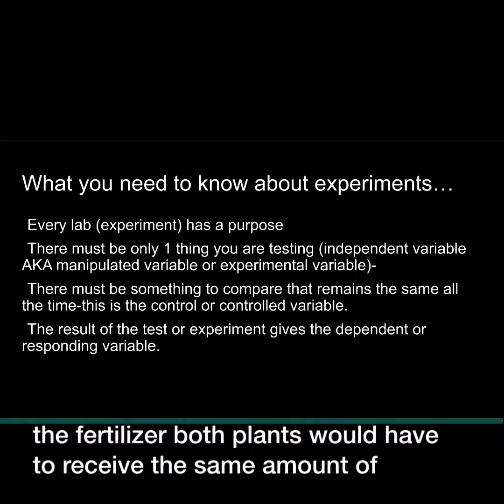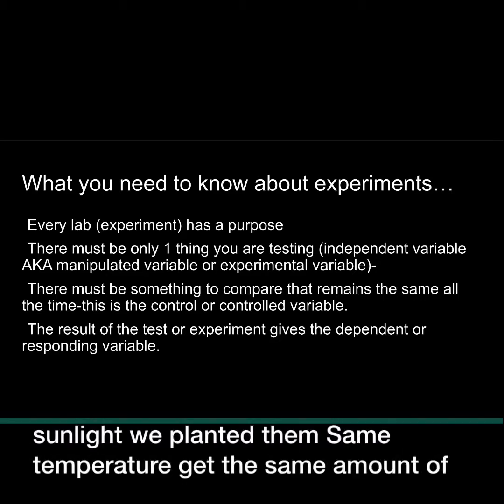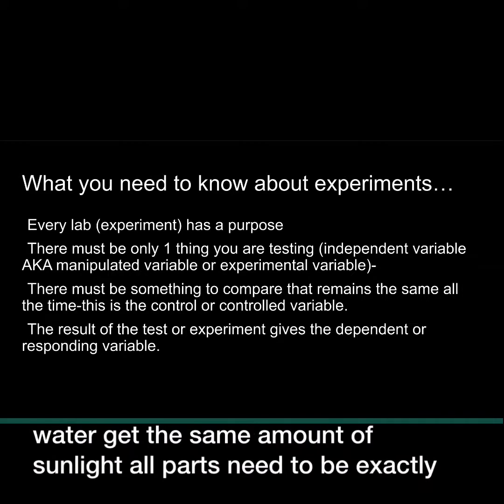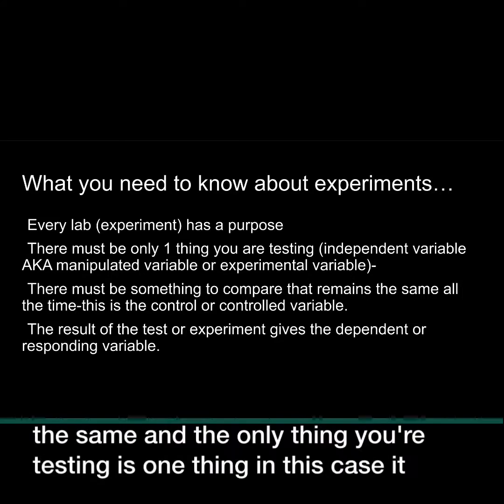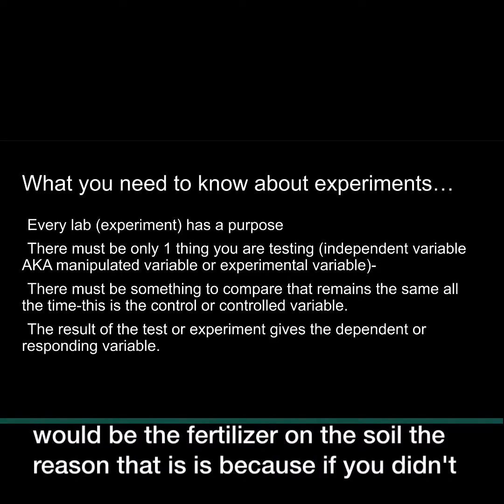Both plants would have to receive the same amount of sunlight, be planted in the same kind of soil, be the same kind of plants, be in the same temperature, and get the same amount of water. All parts need to be exactly the same, and the only thing you're testing is one thing. And in this case, it would be the fertilizer on the soil.